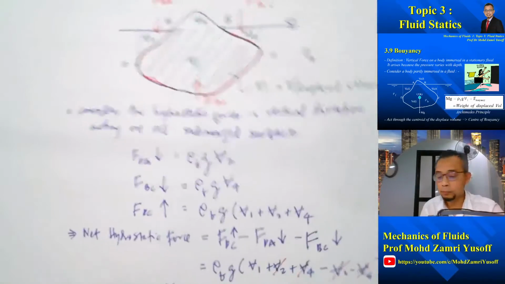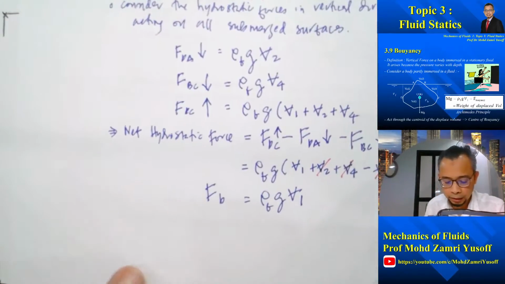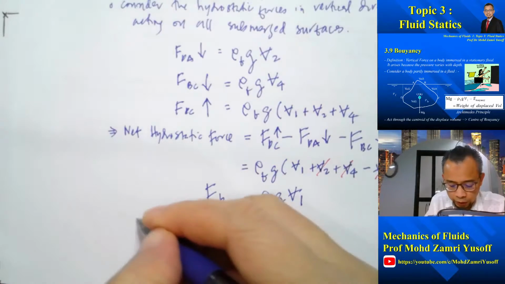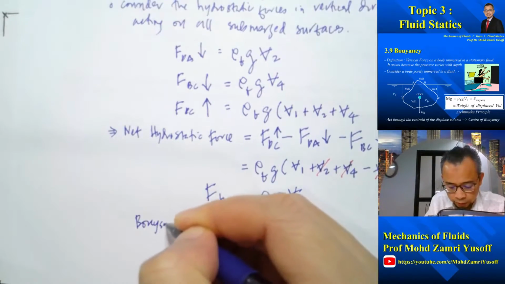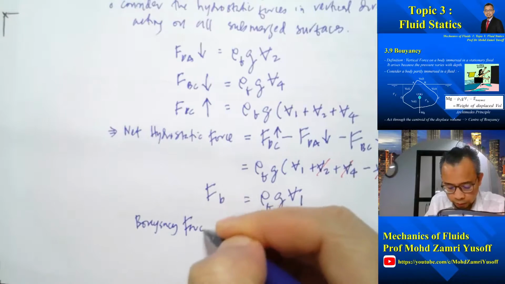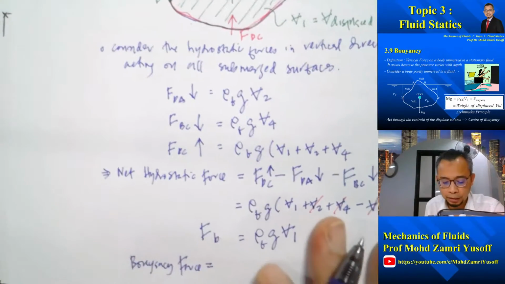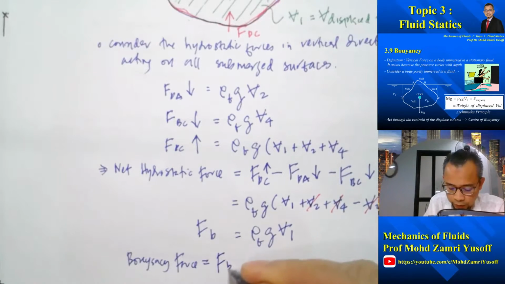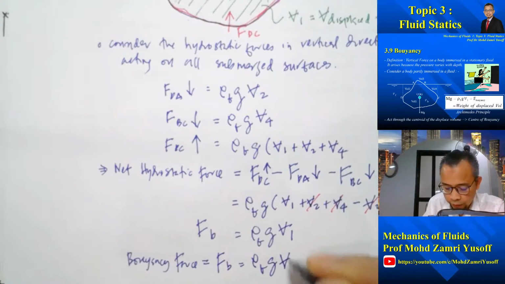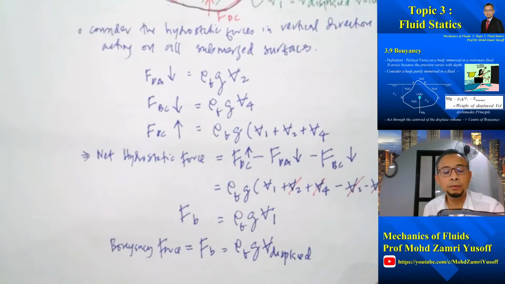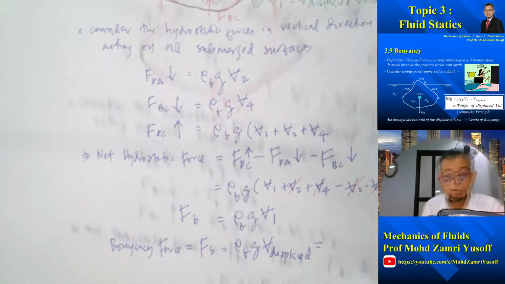So we can say that the buoyancy force, which is equal to the net hydrostatic force acting upward, F_buoyancy, is equal to rho_f g V_displaced.